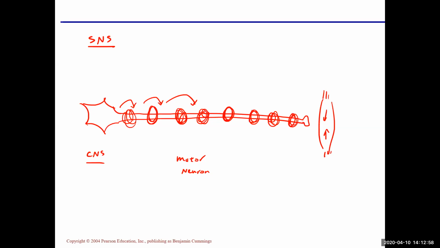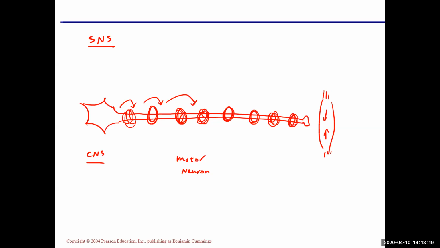There's no interruption, no gap in between. Electrical impulses right away get to the muscles, and they release their neurotransmitter, which we're going to get into next. And basically, that's what happens. So this is the efferent pathway in the somatic nervous system.